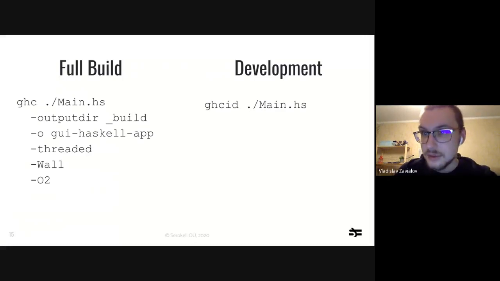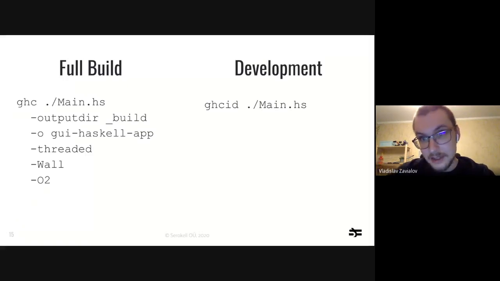On the other hand, to get fast feedback, just to see what type errors I have in my Haskell file, I prefer ghcid. That's a nice little tool which runs GHCi for you and repeatedly reloads your module as soon as you save it.